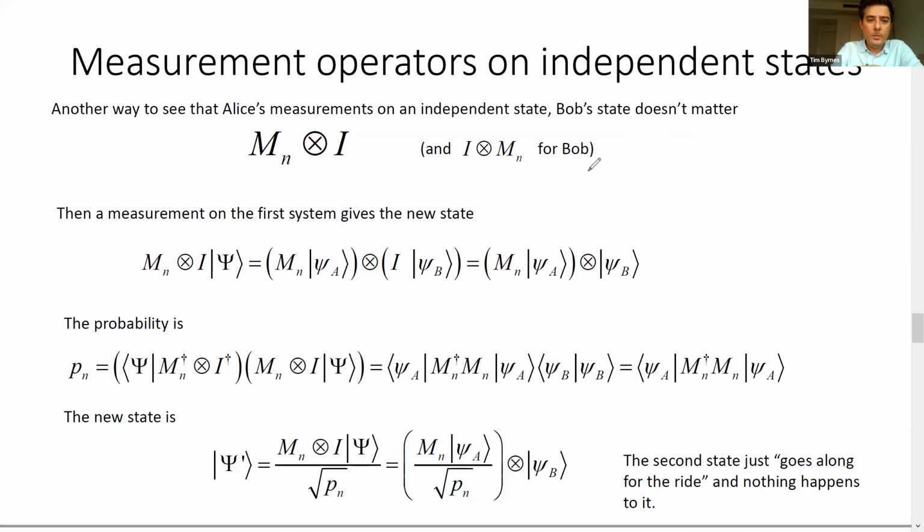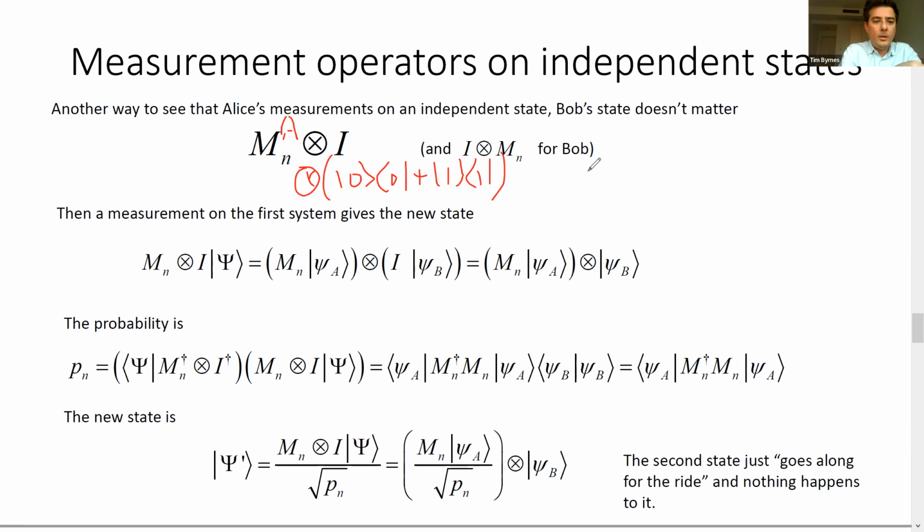Perhaps I should have written the Alice here just to be clear. So that's basically Alice's measurement, and again we've got this four-dimensional matrix, which is supposed to be our measurement operator. What this would mean is that on Bob's side we have the identity matrix like this.